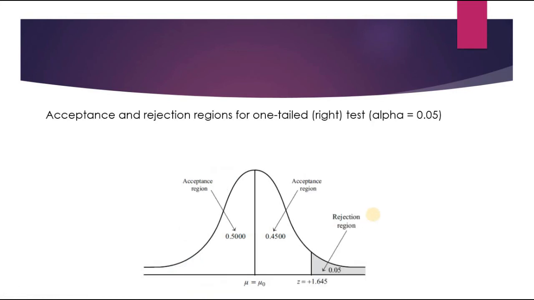And this is a right tail test. The logic is exactly the same. When you calculate your test statistic for your sample parameter, if the value produced is much greater than plus 1.645, you reject the null hypothesis. Anything less than 1.645, you accept the null hypothesis.